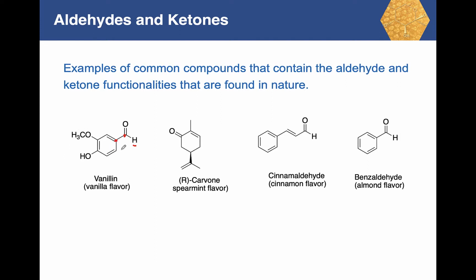So therefore this is an aldehyde. So vanillin is an aldehyde, which is the vanilla flavor that's used in baking, etc. Here's another natural product, carvone, the main ingredient in spearmint flavor. Here's a carbonyl, or the carbon-oxygen double bond. It's bonded to a carbon and another carbon. So therefore this is a ketone.